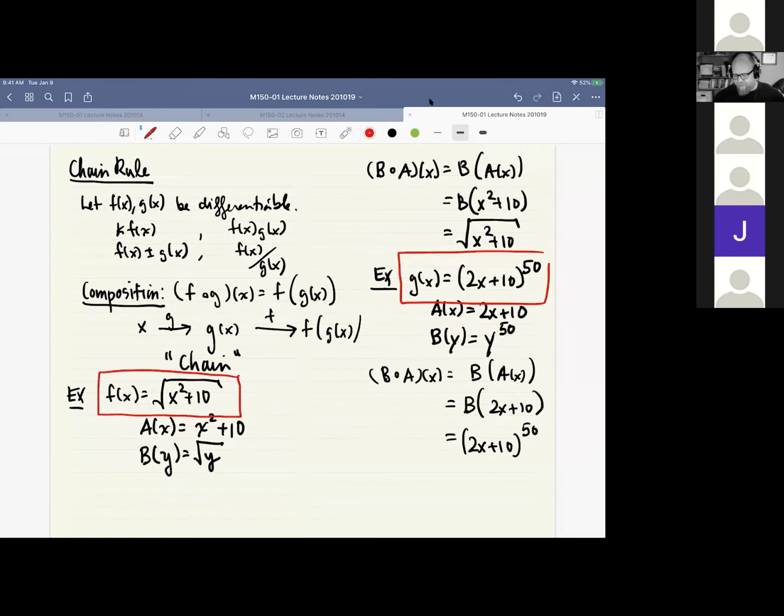There's nothing bizarre about these functions. But they're functions that we can't use these rules to differentiate easily. We could maybe do them from first principles, but we don't. These rules can't immediately be applied, but this chain rule that I'm going to tell you about can be applied.